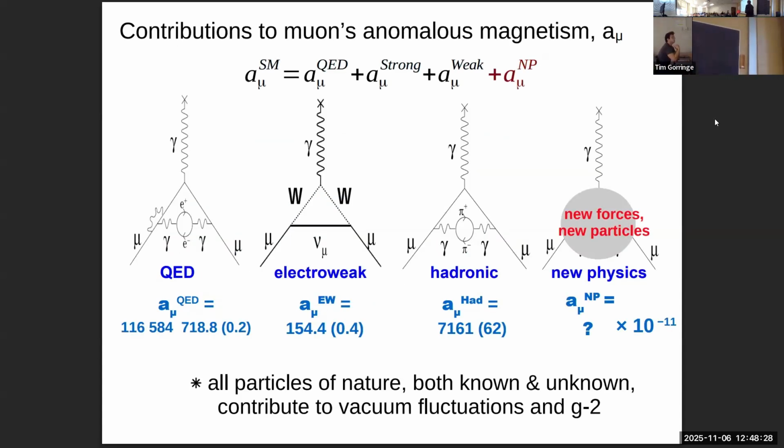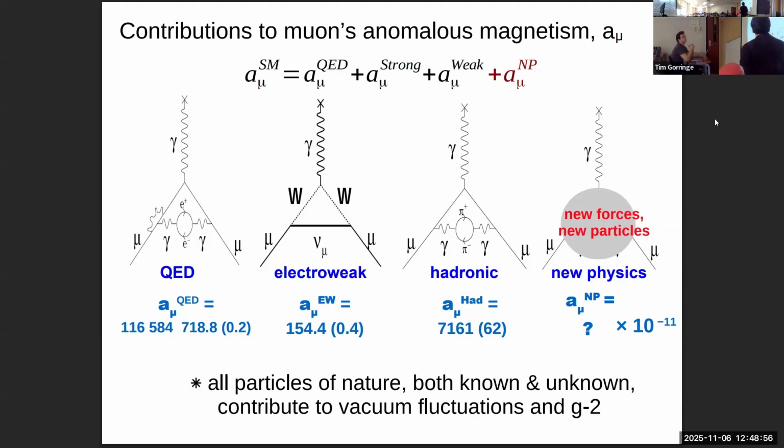This is just a little bit of detail to show you. The anomalous magnetic moments are given the symbol A. The muon's anomalous magnetic moment is given the symbol A subscript mu. Its predicted value in the standard model is given this symbol, A subscript mu superscript standard model.